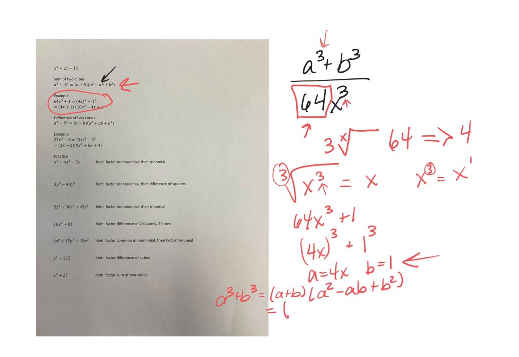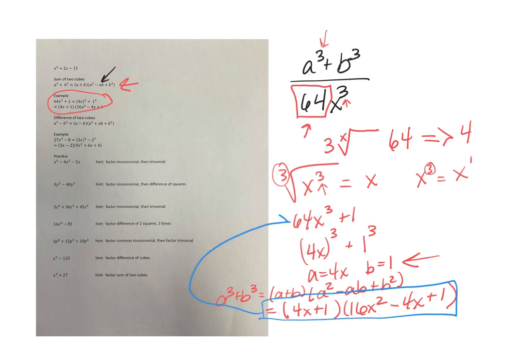So a is 4x, b is 1. So 4x plus 1. Then a squared is 4x squared, so that's 16x squared. Then minus a times b, which is 4x, and then plus b squared, which is 1. So there is your answer to the factor of this using the sum of two cubes.